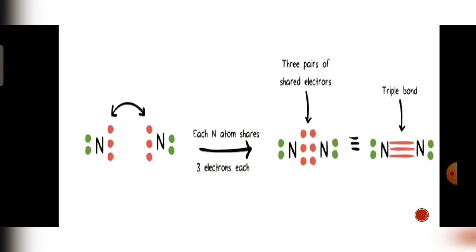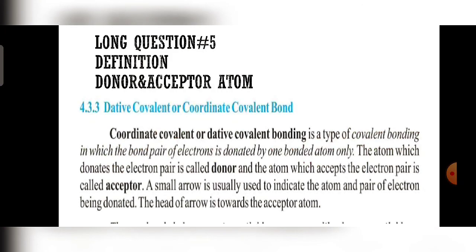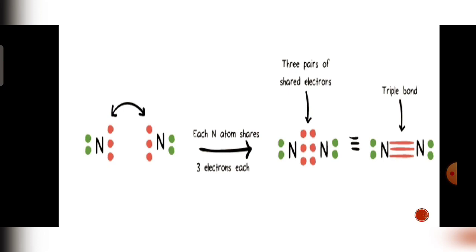That's why both nitrogen atoms will react with each other, contribute 3 electrons, and they will form 3 bond pairs of electrons, and it will be represented by 3 lines, and this is called a triple covalent bond. And this is long question 4.